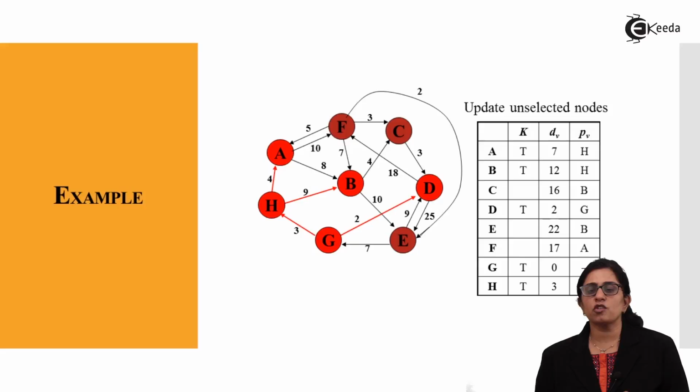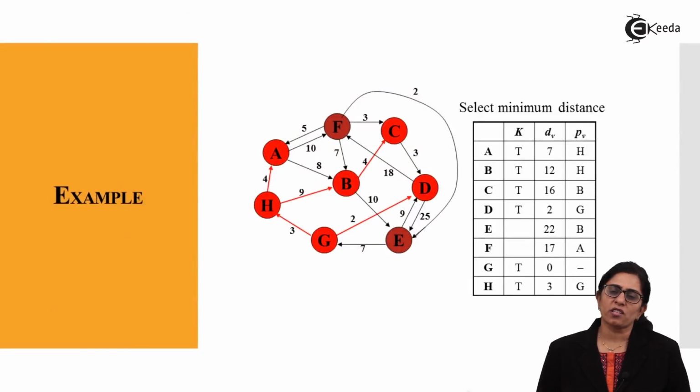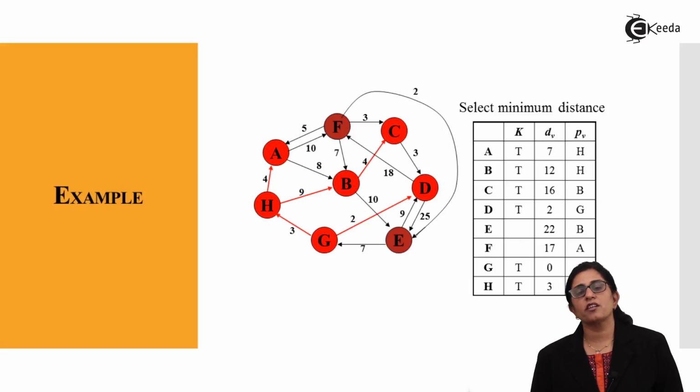Now again from 16, 22, 17, we find the minimum value, which is 16. So now C becomes my start node or the root vertex from where I start. Now from C, where all can I go? From C, I can go to D. But D has an approach of 2, so we will not replace.